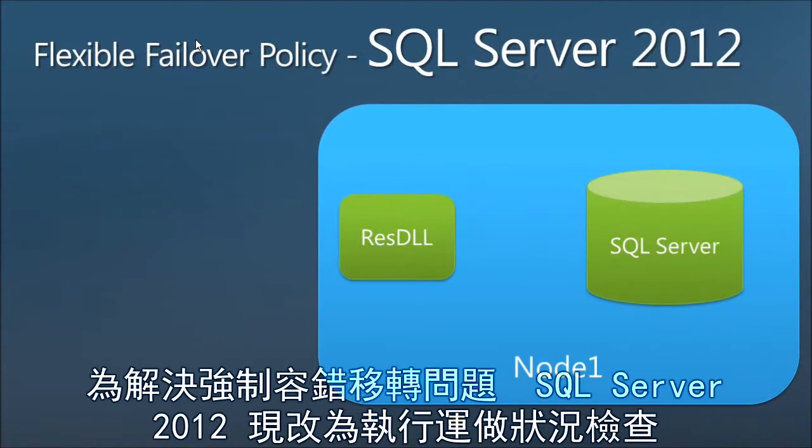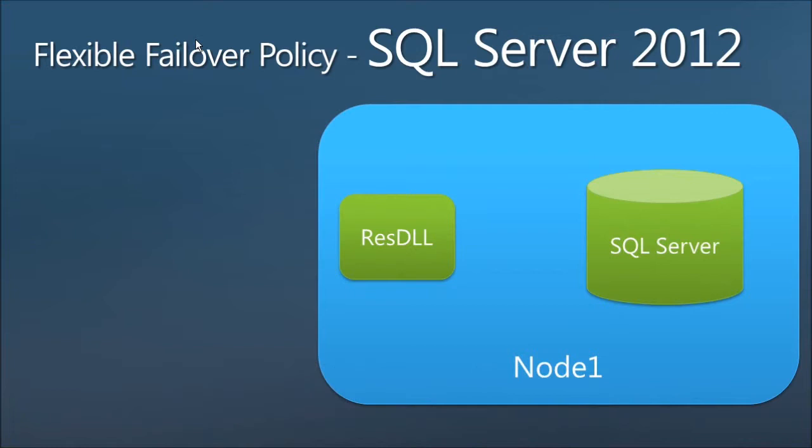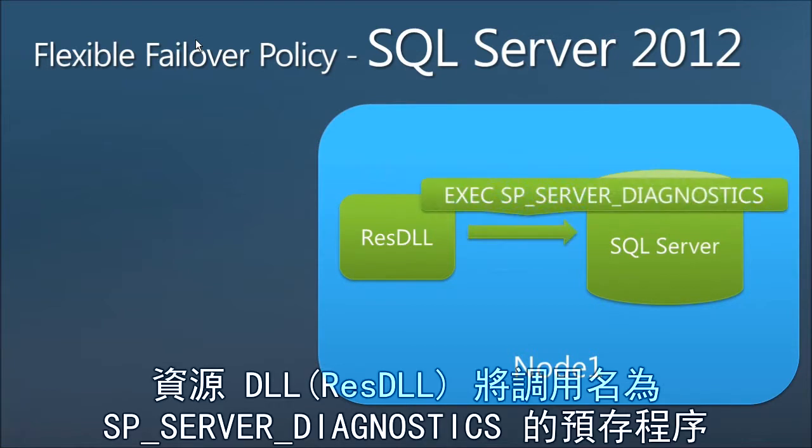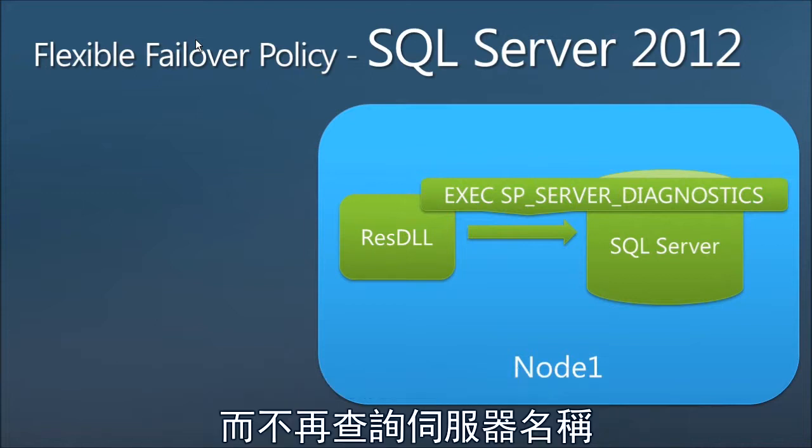To resolve the false failover issue, SQL Server 2012 replaces its way of doing health detection. The resource DLL will call a stored procedure called sp_server_diagnostics instead of querying the server name.